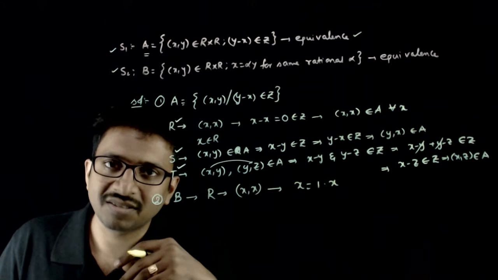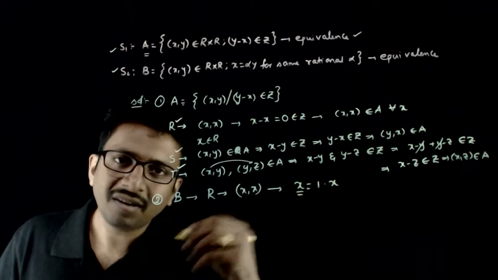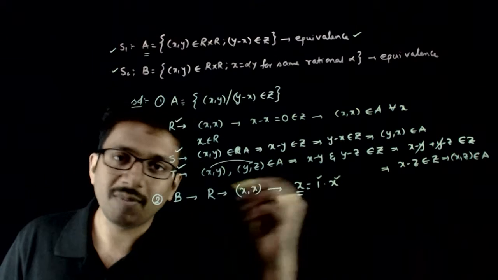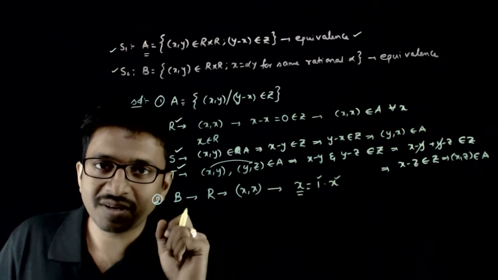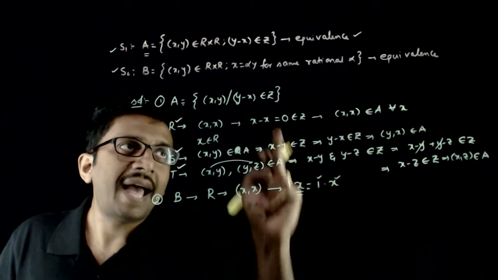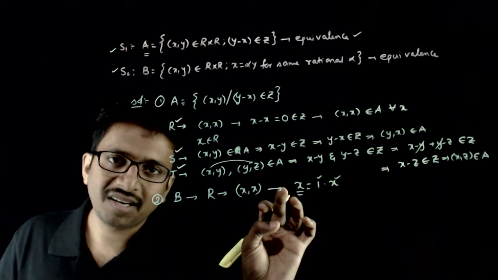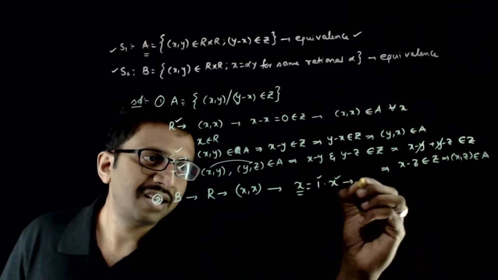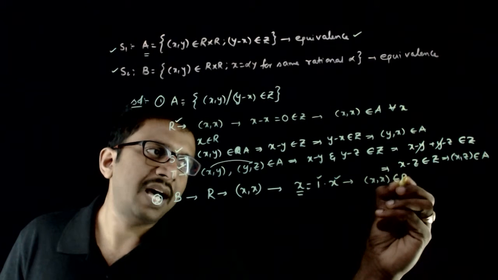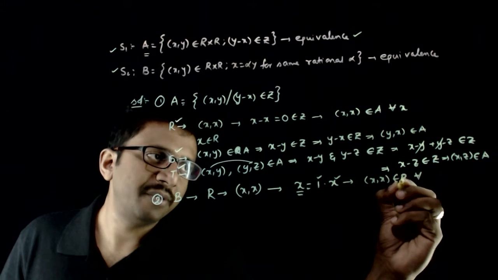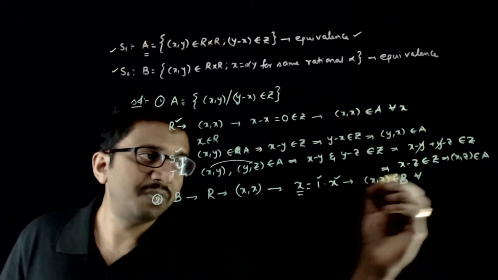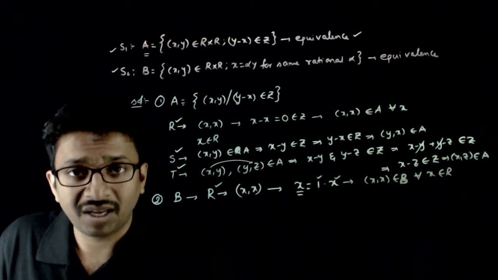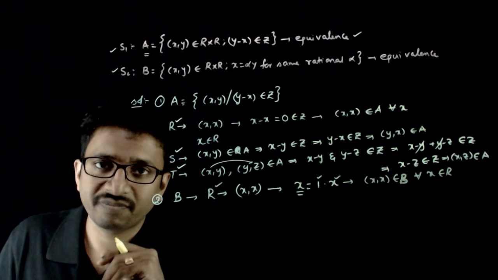Every element can be written as 1 times the same element, irrespective of what the element is. So I can find some alpha such that x is equal to alpha times x. Hence (x, x) belongs to B for all x belonging to R. Hence my relation B is reflexive.